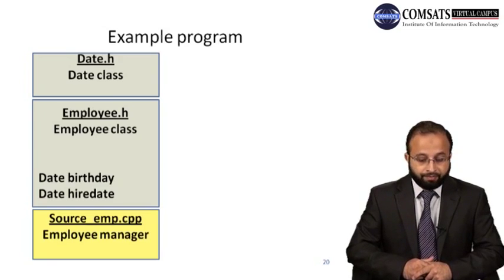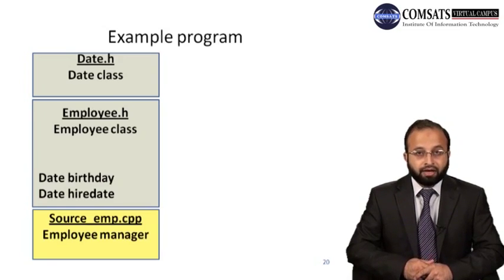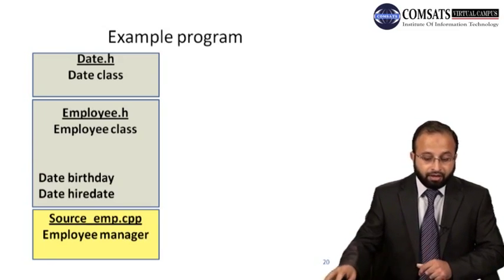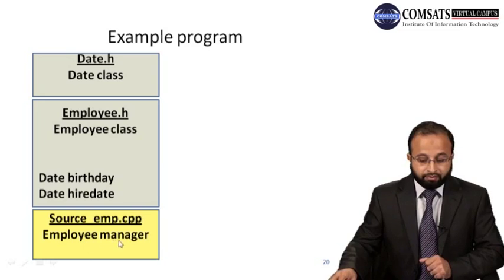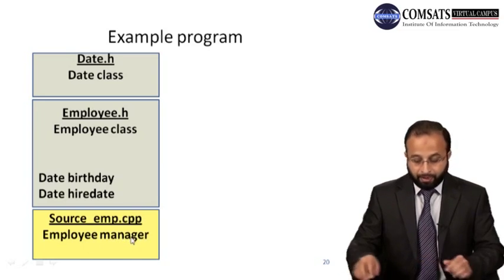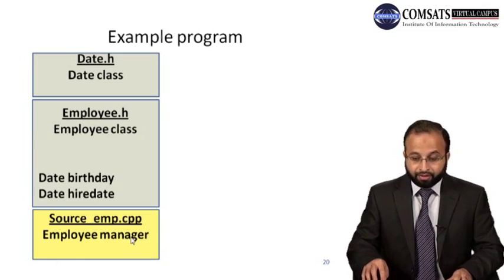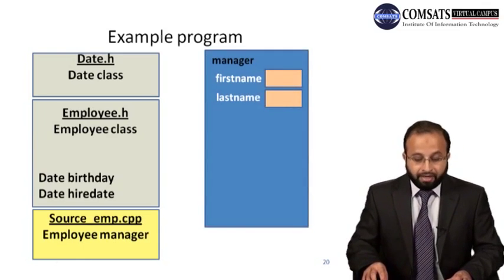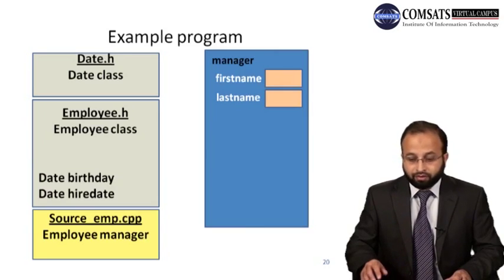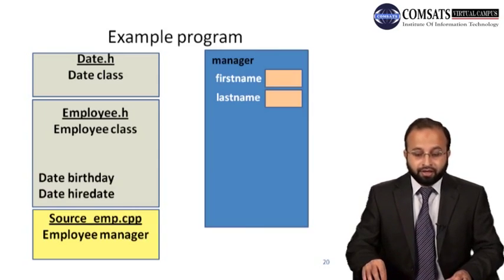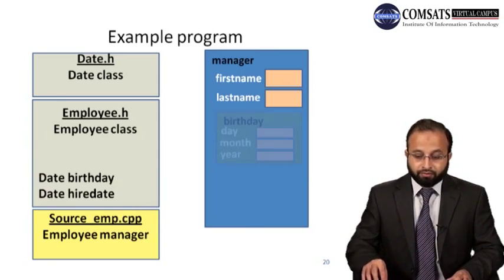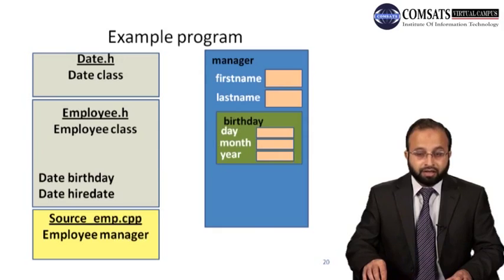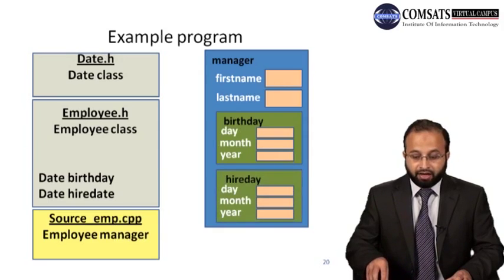of the date class. And then we have the source file, that is emp.cpp, and here we create an object of employee class, and the name of the object is manager, right? So in memory, memory is allocated for the object manager, and the employee class contains the first name and last name as strings, and then the two objects of the date class, that is the birthday and the hire date.